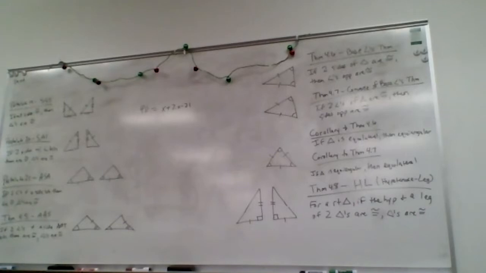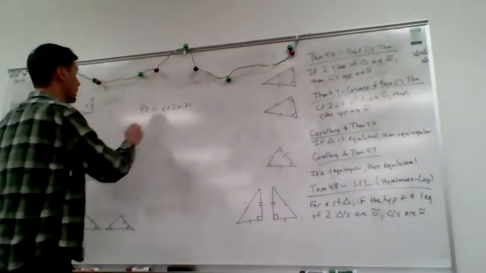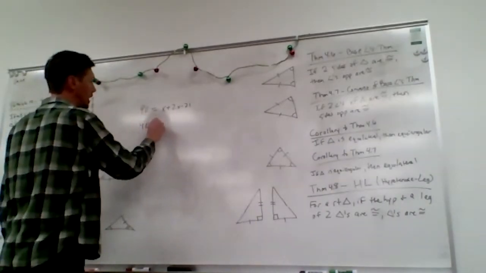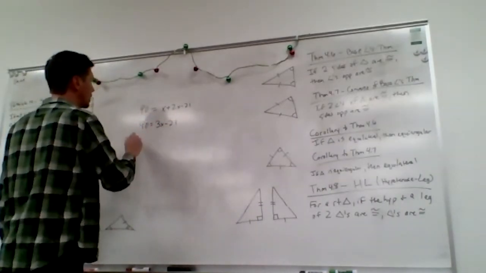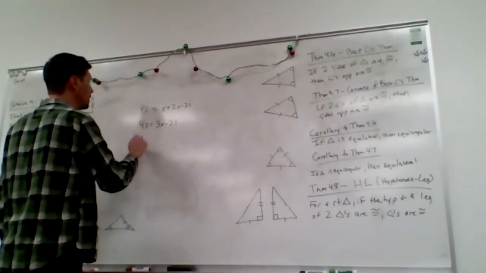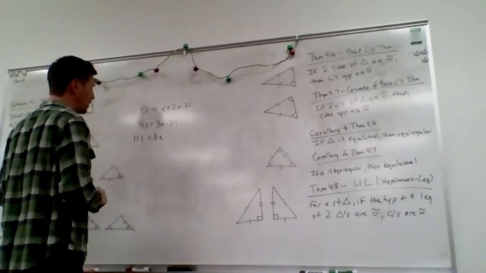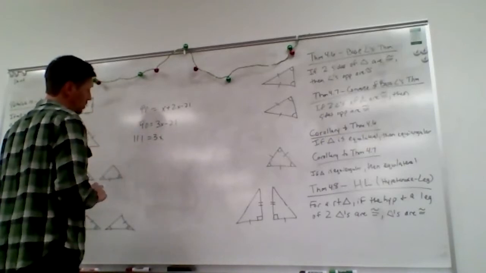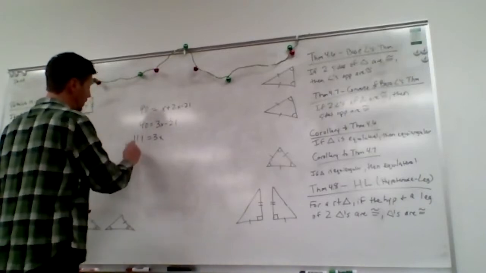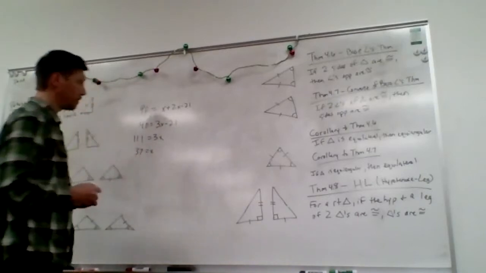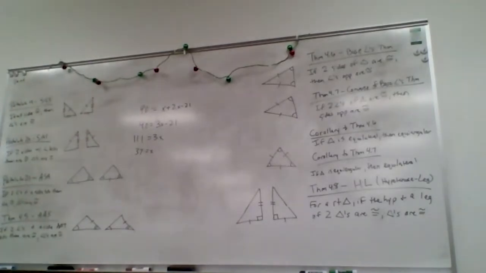So 90 equals 3x minus 21, 111 equals 3x. And 111 divided by 3 is what? 37. Right? Cool. Got it? Okay. Any other questions over the homework?